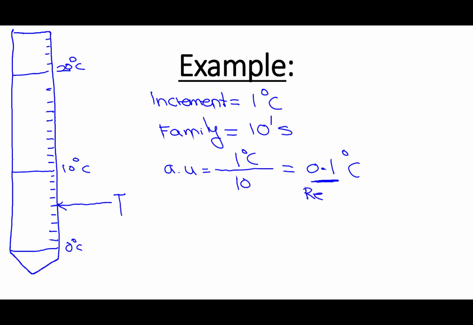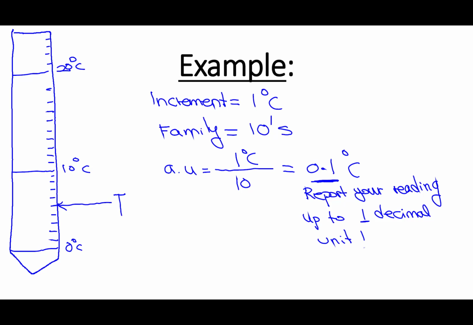That means report your reading up to 1 decimal unit. When you're reading, now it's not a whole number. It has to be reported up to 1 decimal unit. Okay. To 1 decimal unit. I'll fix that one so that it would not be confusing.